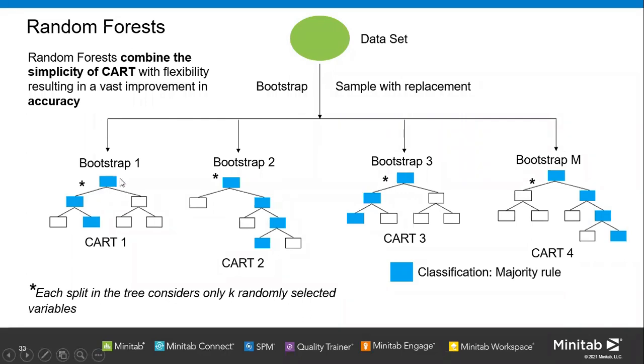From the bootstrap samples, they provide CART one, CART two, and so on. If your Y is classification, you go for the majority rules. If your Y is regression, you take the average. So you can get the result for the random forest.